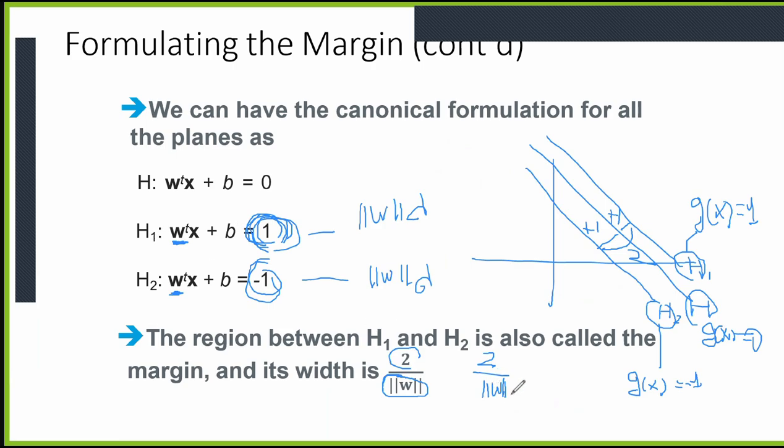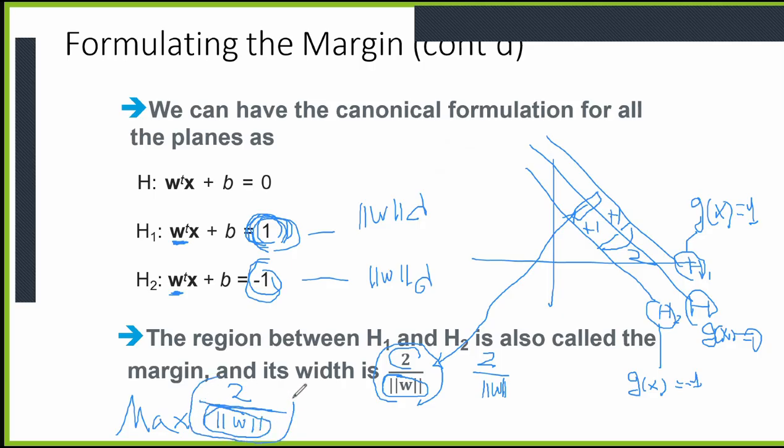So now basically what we're trying to maximize is the distance here, which corresponds to this expression. So it's the problem of maximizing over the weight vector, which we will see in the next slide. But we know that if we try to minimize this norm, it's equivalent to maximizing this entire term.